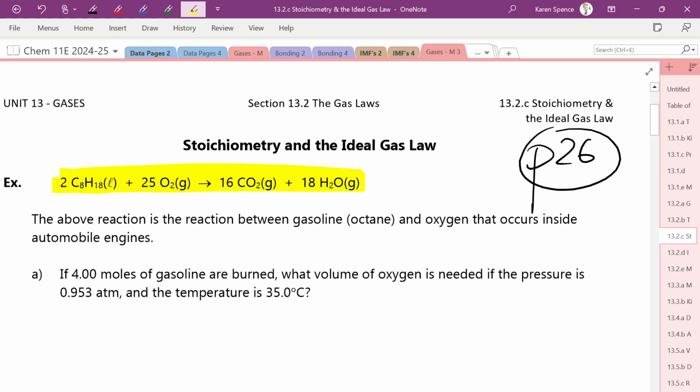Step number one of any stoichiometry problem is always going to be find the what?